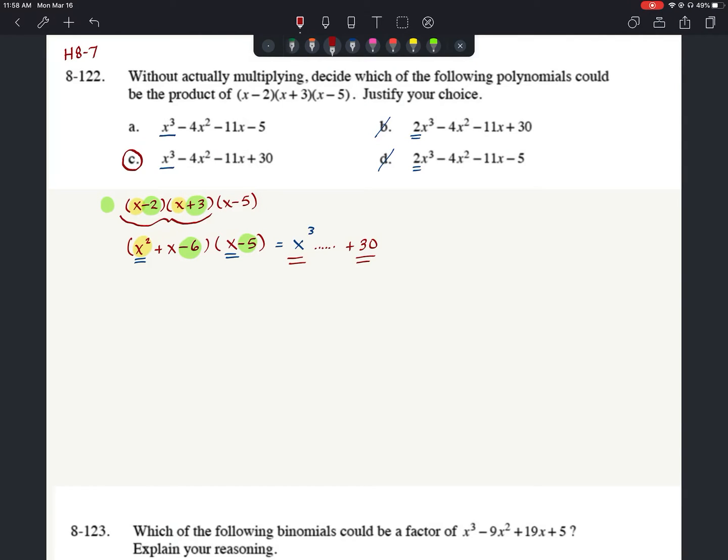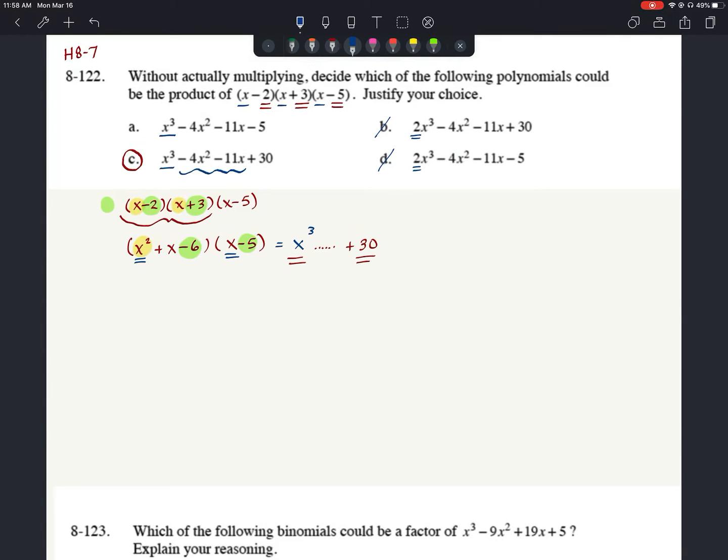So the main thing to take away from this problem is that when you're multiplying out binomials, that last term is always going to be the product of the last part of each factor, and the first term is always going to be the product of the first parts. We end up with multiple things in between, in this case a negative 4x and a minus 11x, but I'm not concerned about that at the moment.